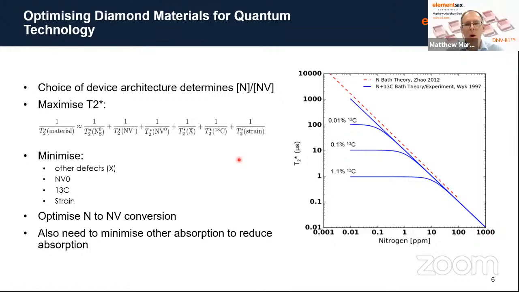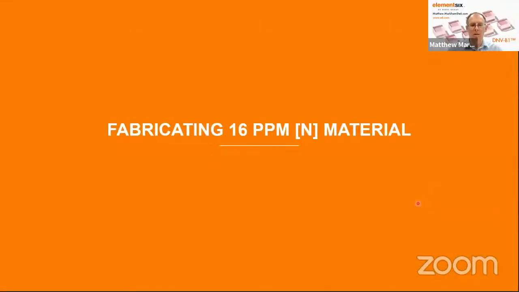So we need to start thinking about optimizing all these things, and ideally, in this plot here, spin lifetime versus nitrogen, we want to sit on the line or somewhere on the line, depending on the nitrogen content and the carbon-13 content, because that then indicates we've made the material as good as you can get. If we're sitting down here, that means there's some parasitic thing in the material which is affecting the spin lifetime. So now I'm going to give you a couple of examples of the material that we're making.